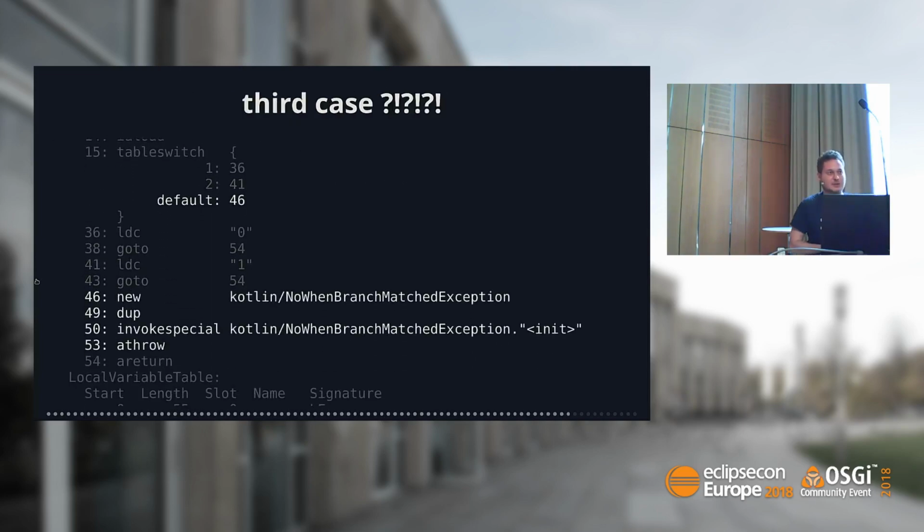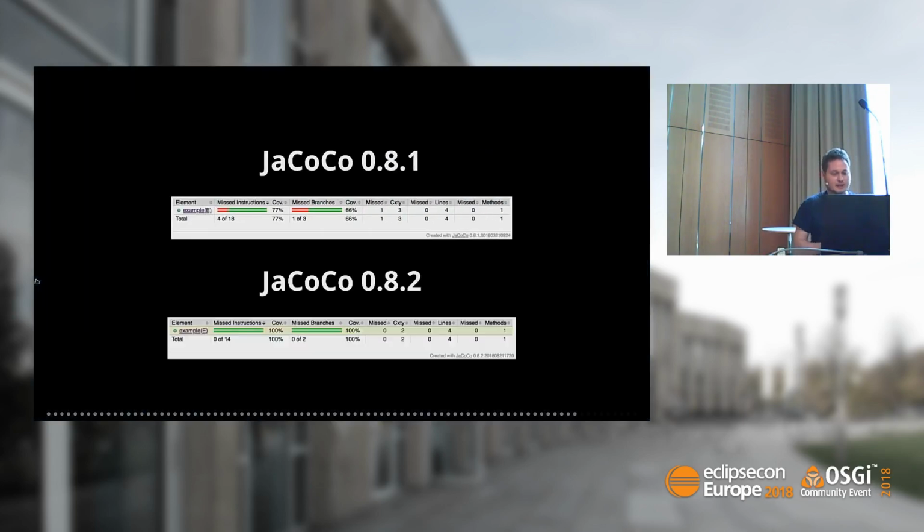Well, here is a generated case which we didn't write in Kotlin, because Kotlin is capable of saying, well, you covered all the enumeration entries, so you don't need a default. In this case, Kotlin will generate a third branch, which throws a no-branch-matched exception. It is there as protection, in case the enum changes, so the branch will be present here. And again, we need to write a filter for that.